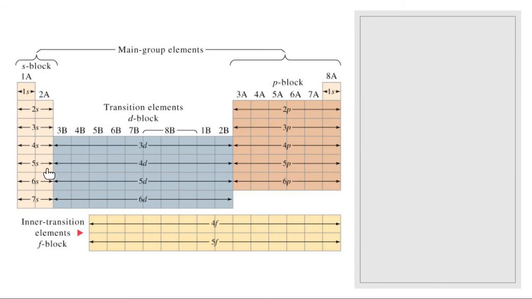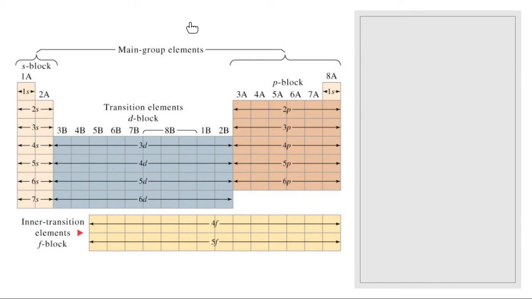For the s elements, if the last orbital is s, that means groups 1A and 2A. This is the s block.